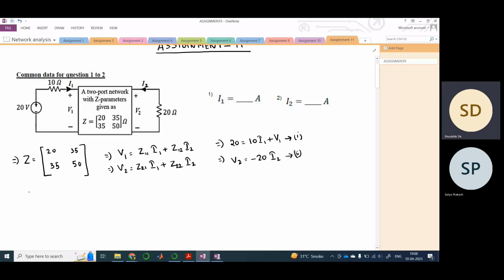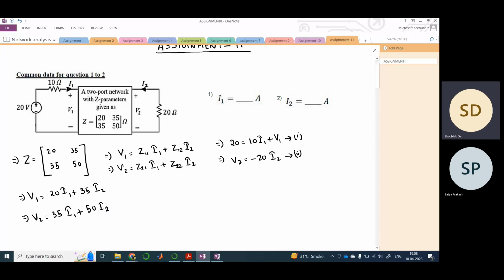So let's substitute the Z parameters in this equation. This is V1 equals 20 I1 plus 35 I2, and V2 equals 35 I1 plus 50 I2, right?